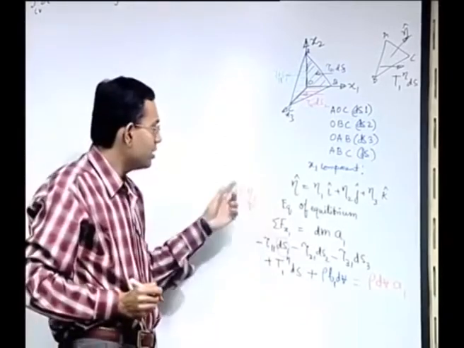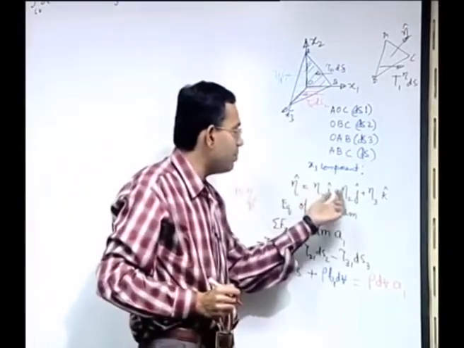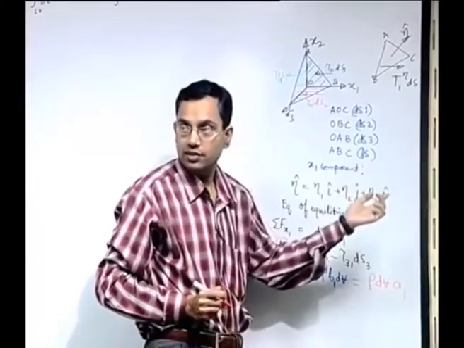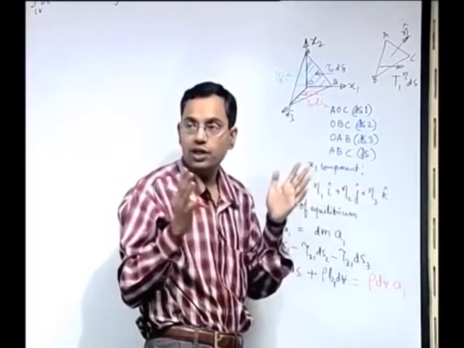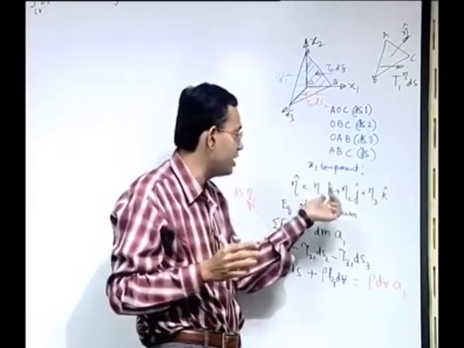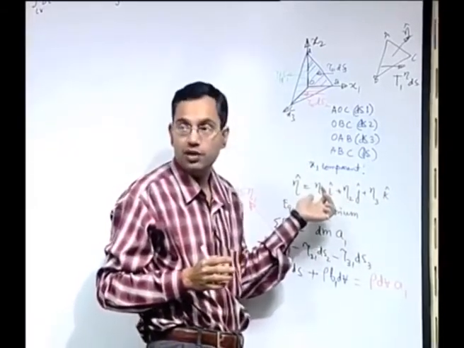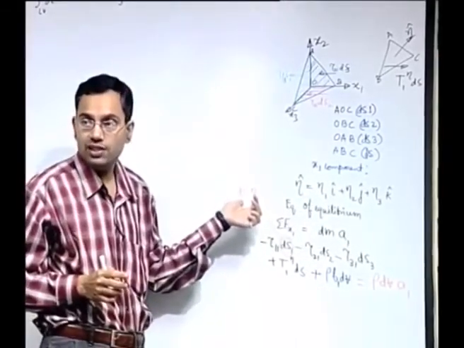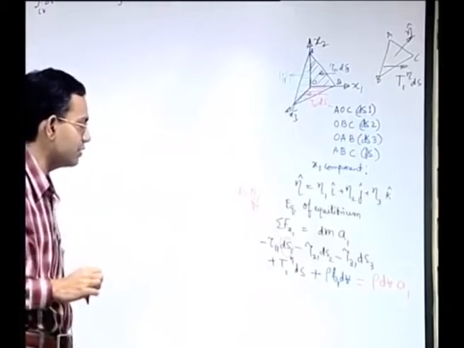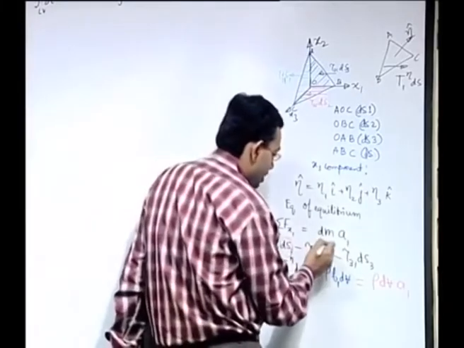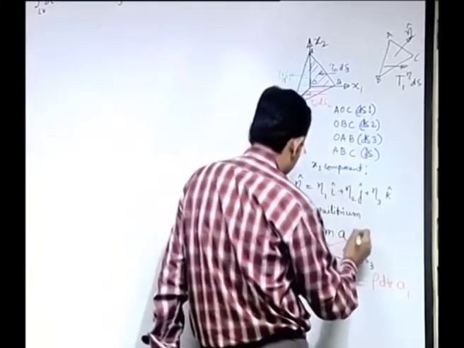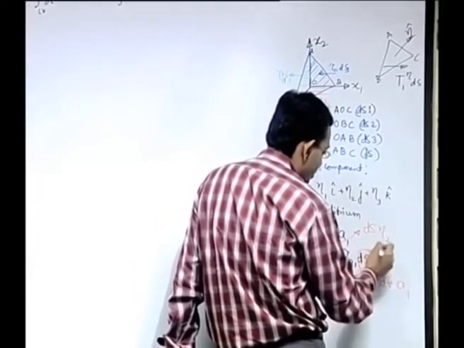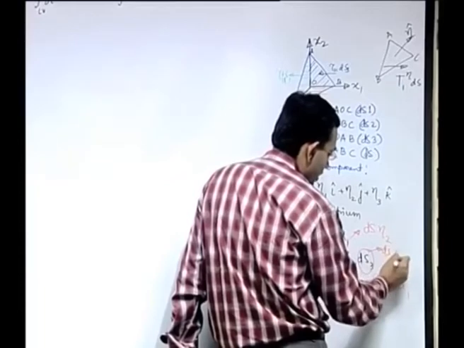So, you have eta 1 I plus eta 2 j plus eta 3 k dot with I. To get the component you make the dot product of two vectors. So, eta 1 I dot I becomes eta 1. So, it becomes ds eta 1, component of ds along that direction. Similarly, this will be ds eta 2 and this will be ds eta 3.